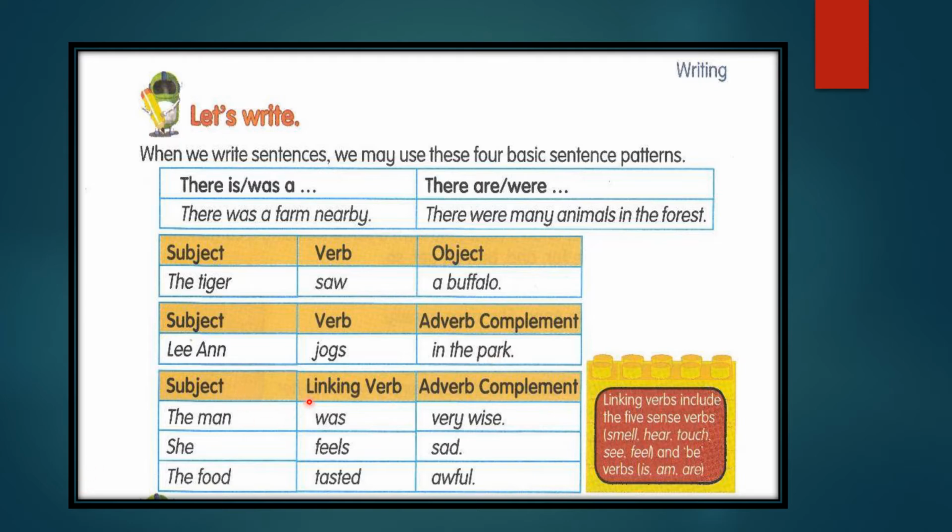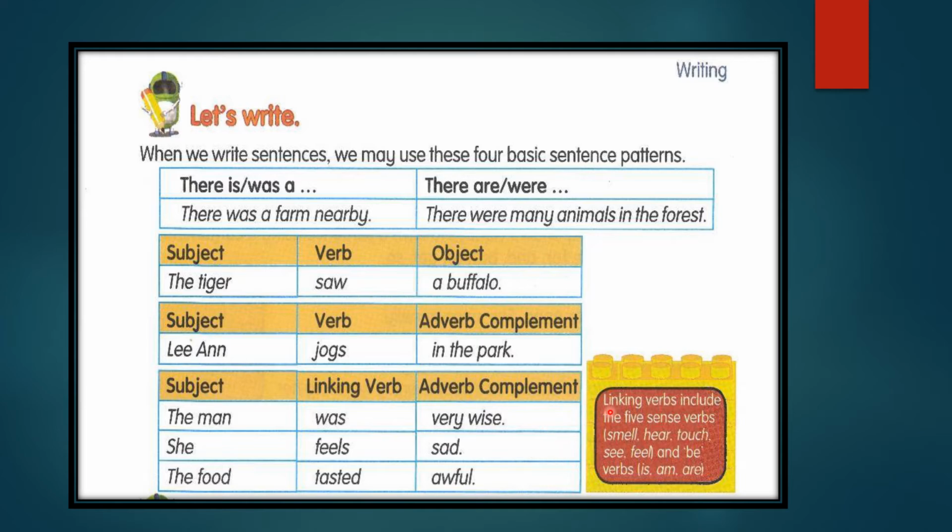Next one, we have the subject, the linking verb, and the adverb complement. The man was very wise. She feels sad. The food tasted awful. We always use subject, linking verb, adverb complement in our story. The boy was very tired. The boy was very scared.